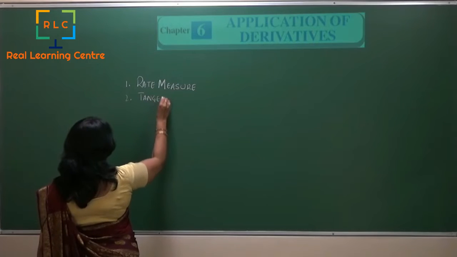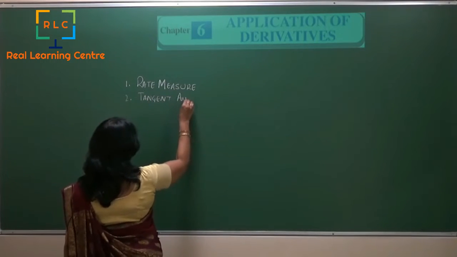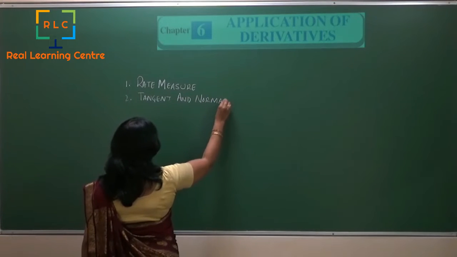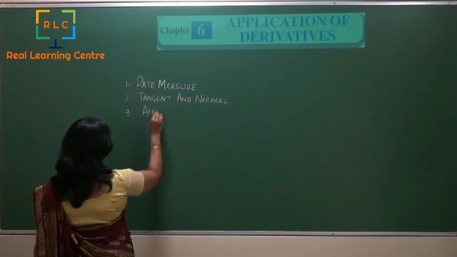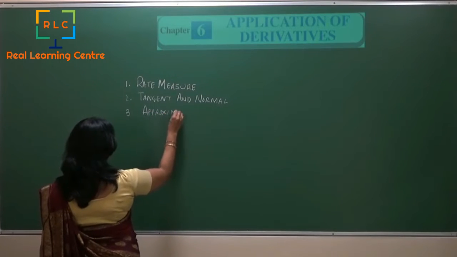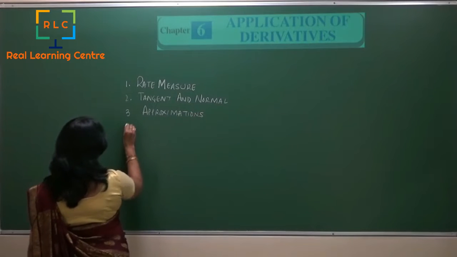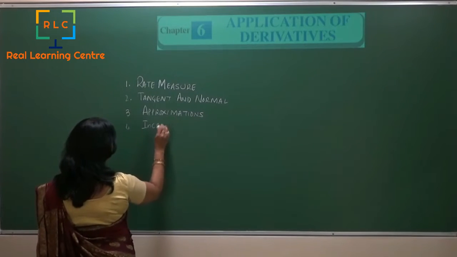This is exactly not the second one in your textbook, but I'll do it this way. So tangent and normal, and then we have approximations. Then we have increasing and decreasing functions.